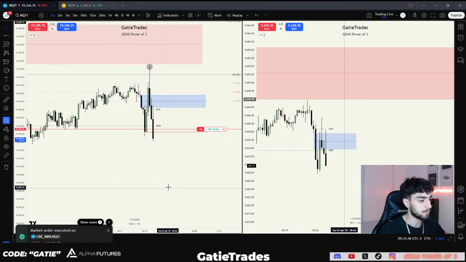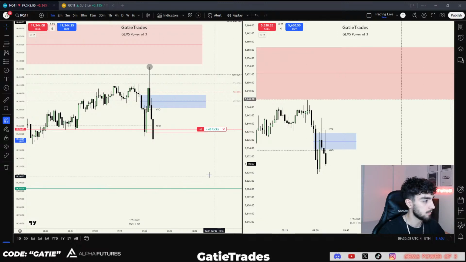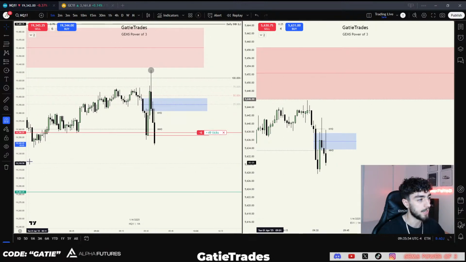All right, we're in. Quick decision, but I saw that candle flip in speed, so I'm looking for age of lows. 6 micros on Alpha, 2 micros on TopStep.